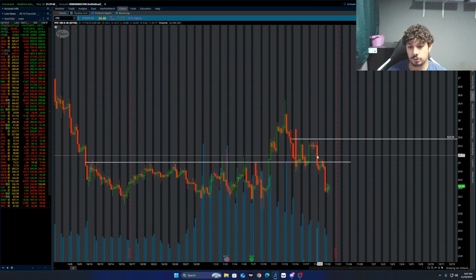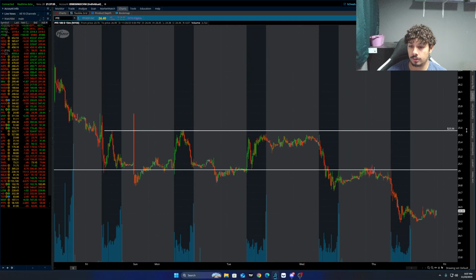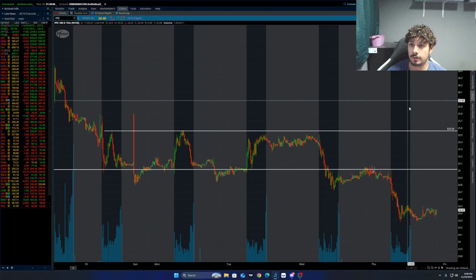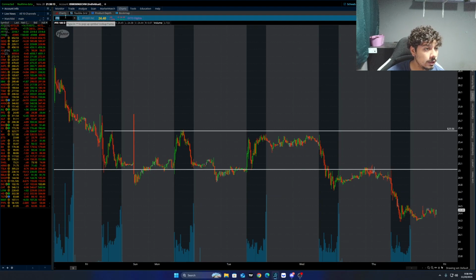But yeah, I was holding above and then rejected from this level, and then broke below support, tested support, and then shot right back down, and it tested it perfectly. So there's that over pre-market. So your entry would have been after the open once it touches that level, or at market open, and then it just sold off. Total this move, not even $1. This doesn't really move much. 70-cent move.